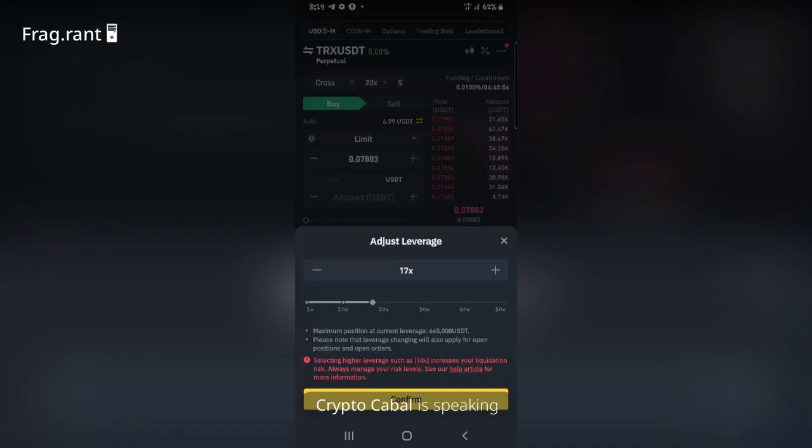Now, when we talk about leverage, it's more like you are trading with borrowed funds. Let's say you have $10 and you are using 2x leverage. It means you are trading times two of your $10, which means $10 is being added to your balance to be able to enter that position, and that is why it's called leverage trading, futures trading.